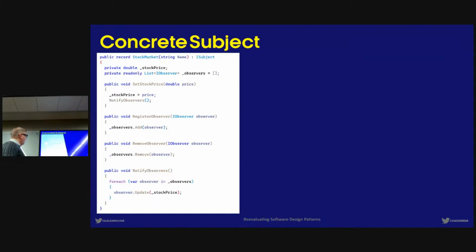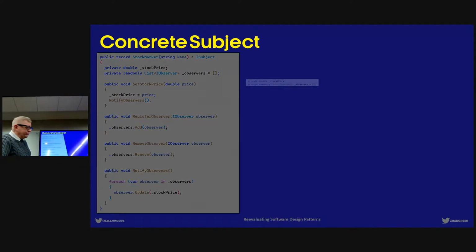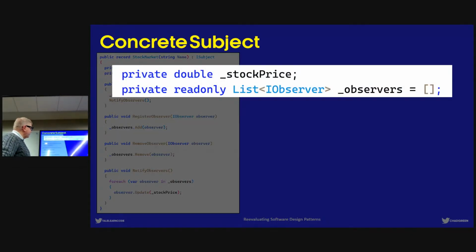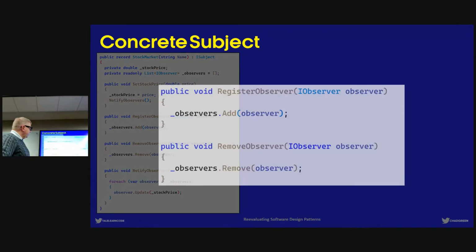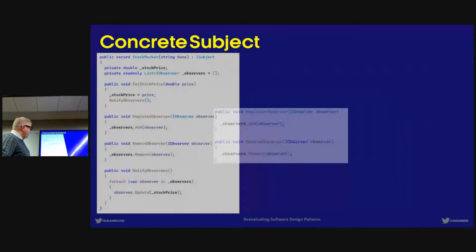And then here we start seeing implementations of that. We can see that we're setting the stock price, we're registering, where we're just keeping a list of things that are observed. You can probably start seeing a potential problem: I'm having to keep a list of things that are observing this. So here you can see we've got the observers, and then adding those in there.